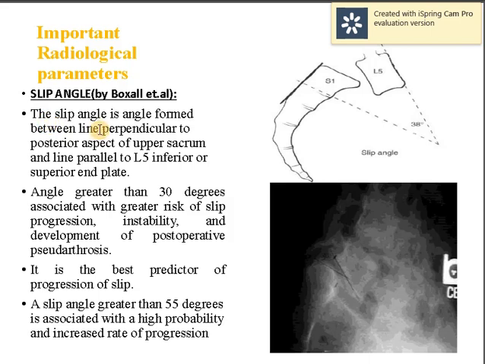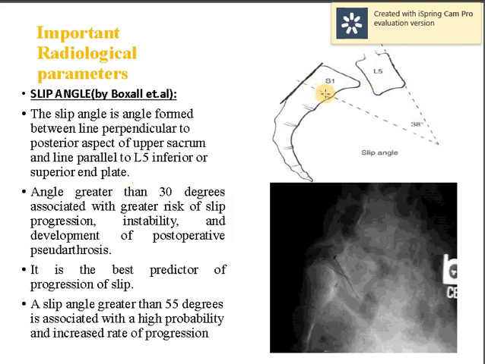Now this slip angle is an angle formed between the line perpendicular to the posterior aspect of the upper sacrum and the line parallel to the L5 inferior or superior end plate.